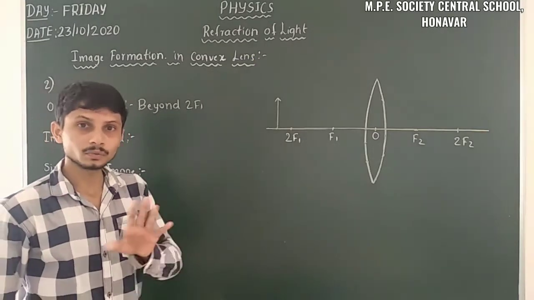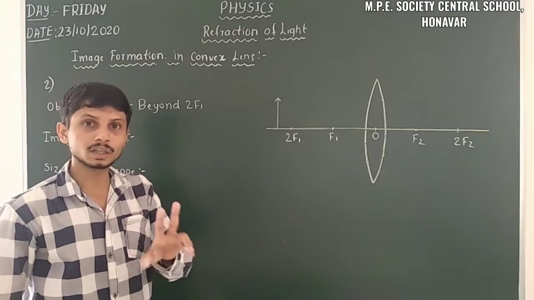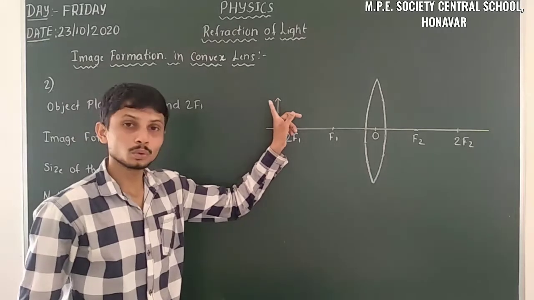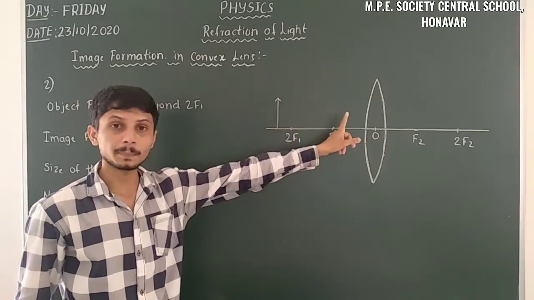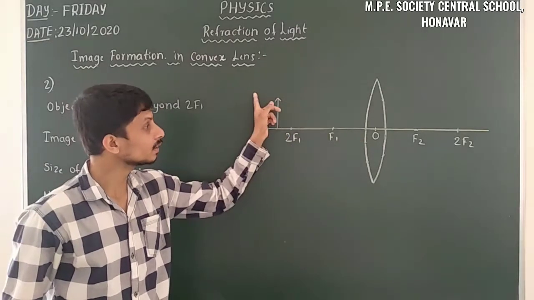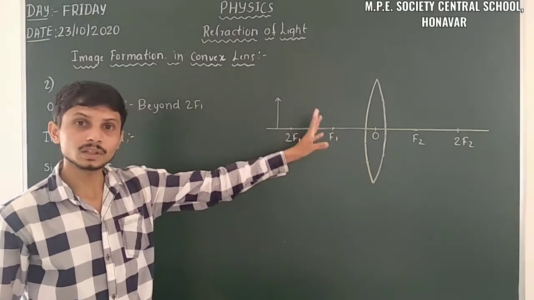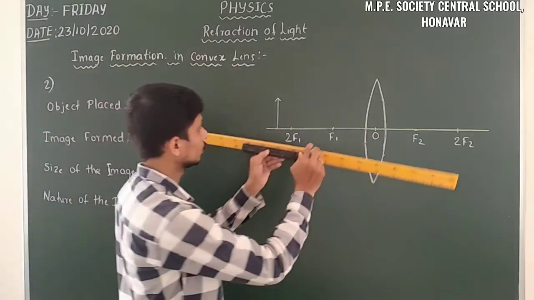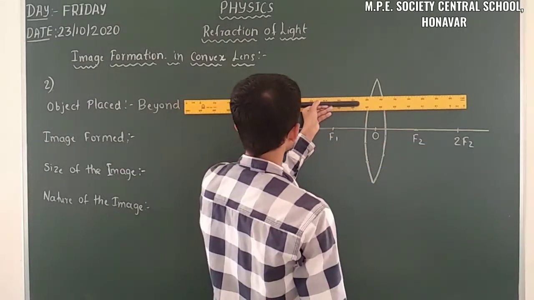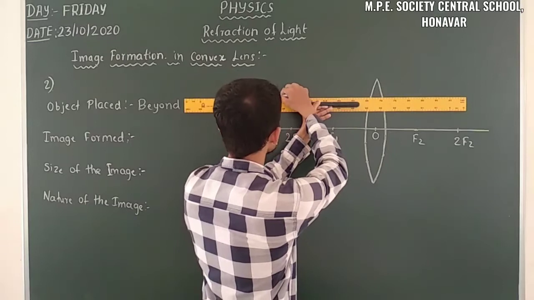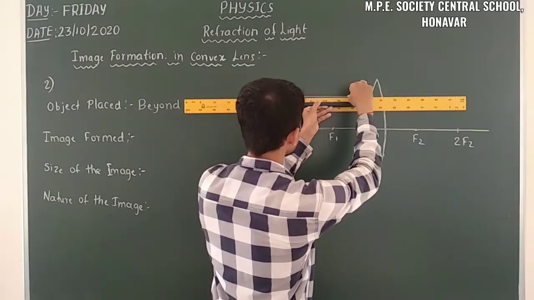Initially, we have to take two rays here. One is the ray parallel to the principal axis. Another is the ray that passes through the optic center. So let us take those two rays. One ray is parallel to the principal axis, like this.